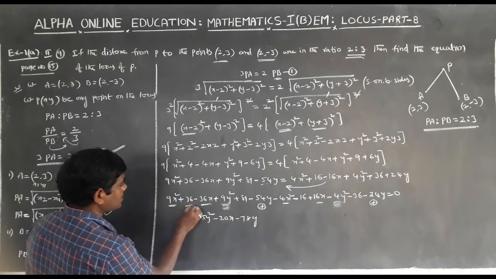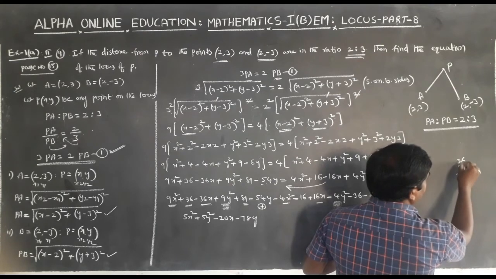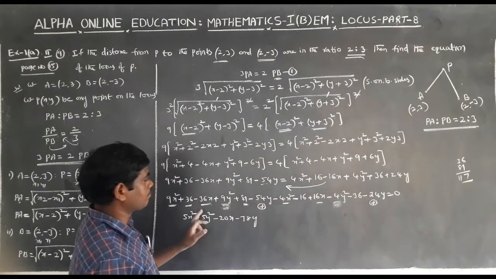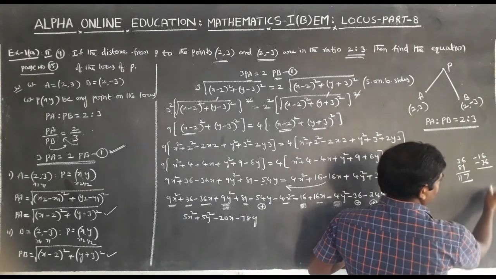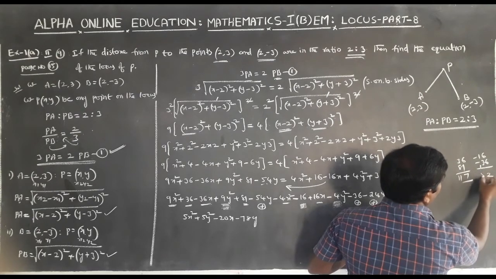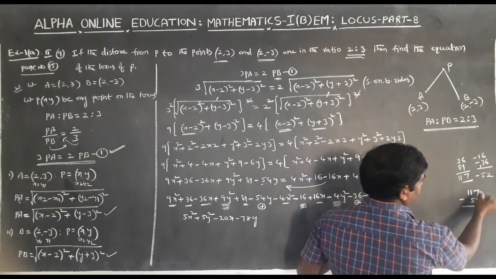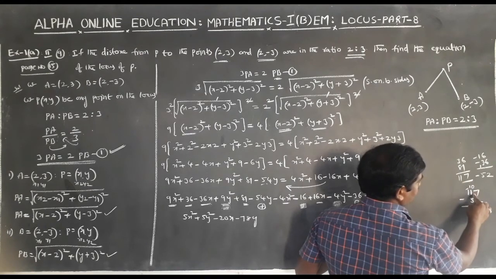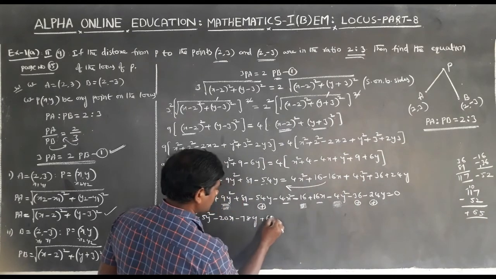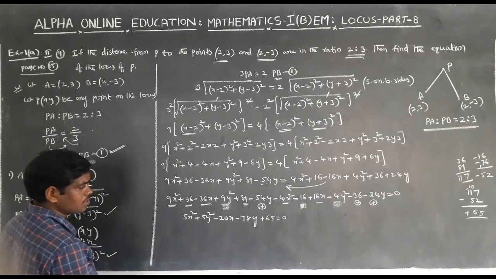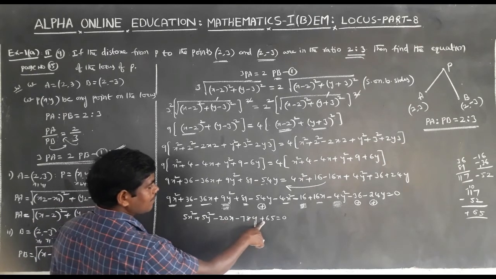Again constants: 36 + 81 is 117, minus 16 minus 36 is 52, so 117 − 52 is 65. So 5x² + 5y² − 20x − 78y + 65 is equal to 0.